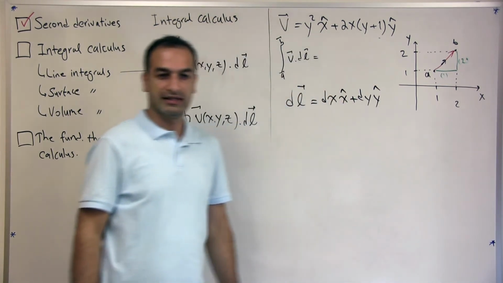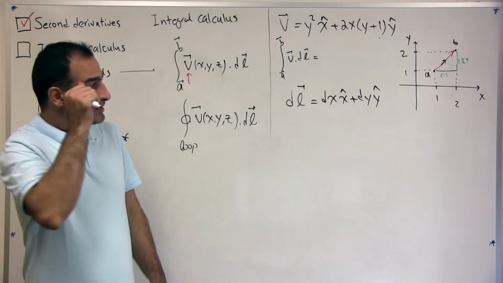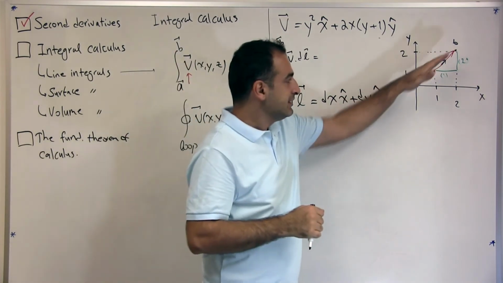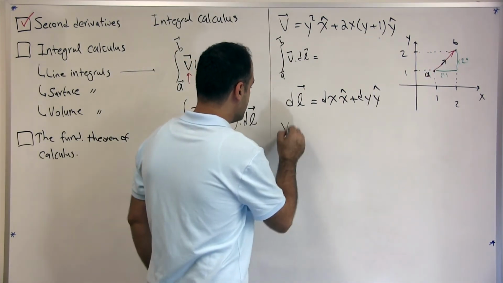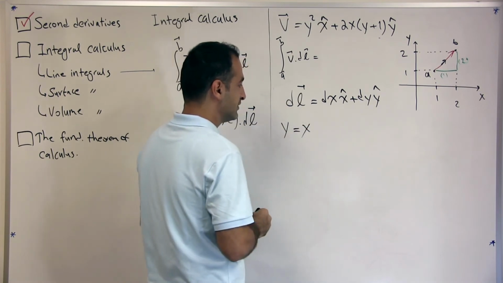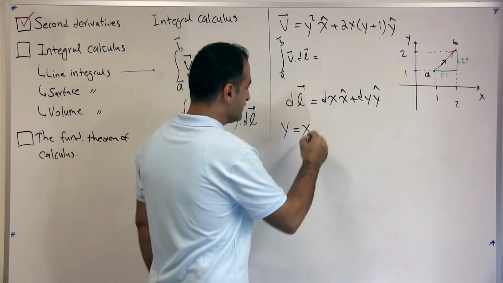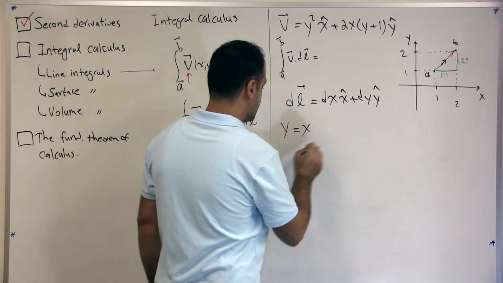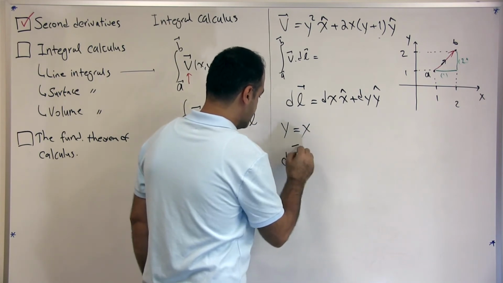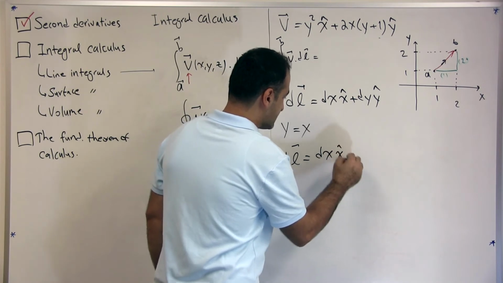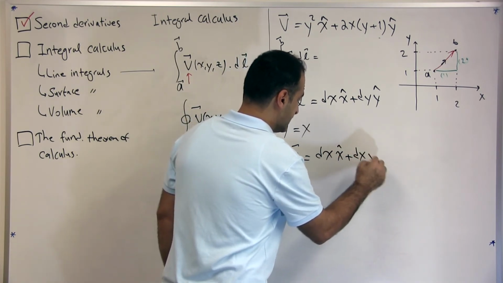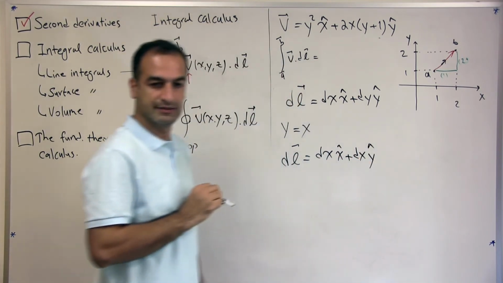So it has 2 components. But since it's exactly 45 degrees, we are on the line y equals x, so we can write dl as dx x hat plus dx again times y hat.